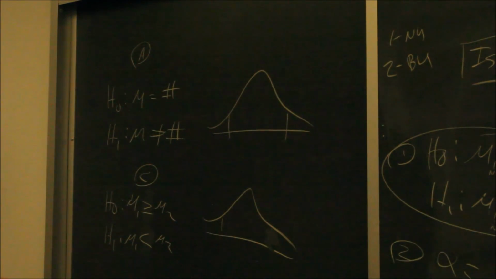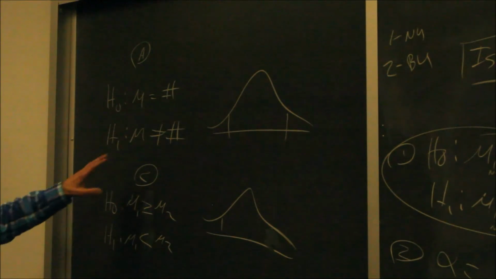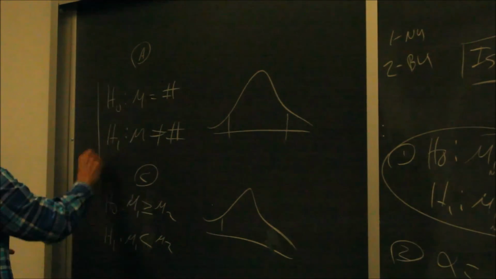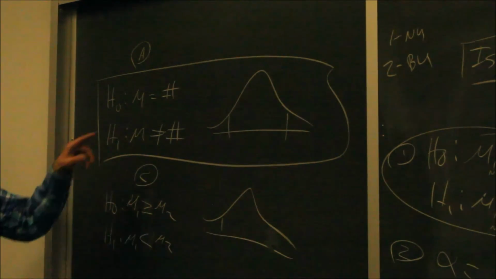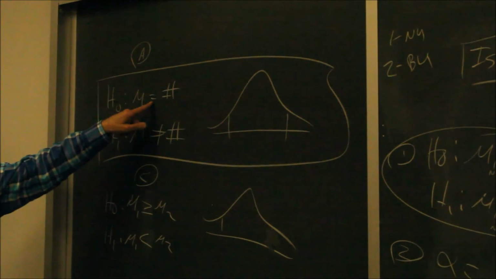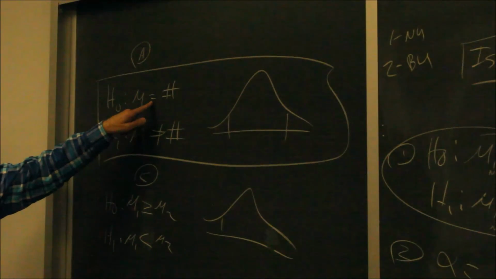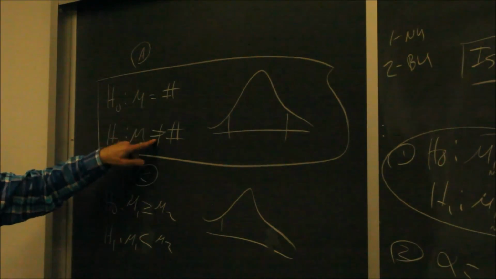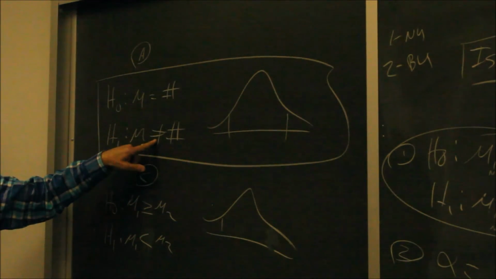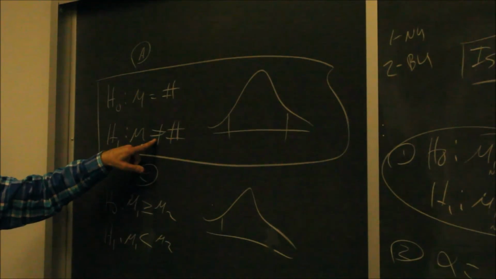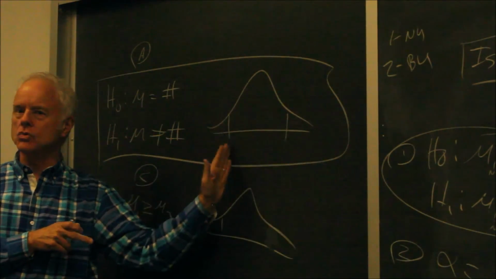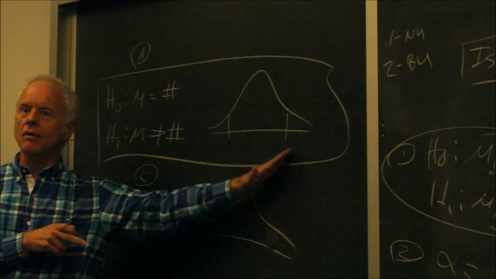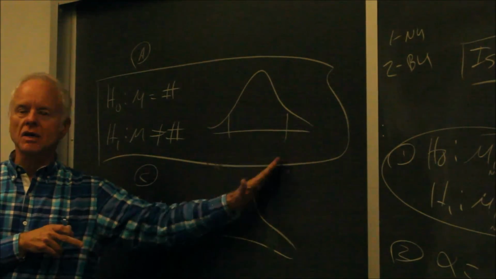So that's how you do it. That's how you can tell if it's a 1 or a 2-tailed test. And intuitively, the reason why this is a 2-tailed test is because equal to is the null hypothesis, and not equal to is the alternate. So for not equal to, it could be less than or greater than, because both of those are not equal to. So that's why it's a two-tailed test.